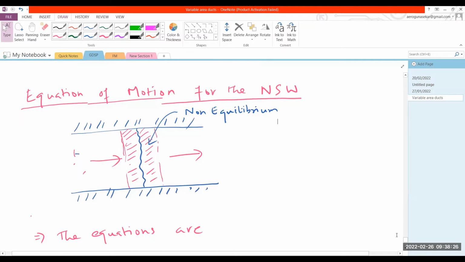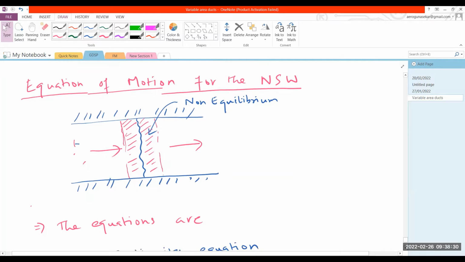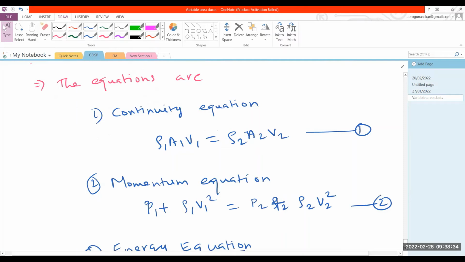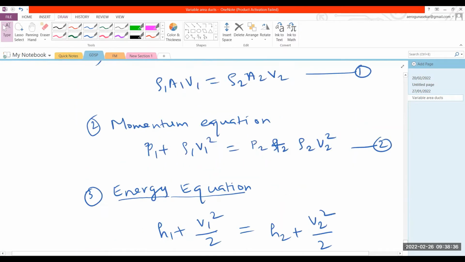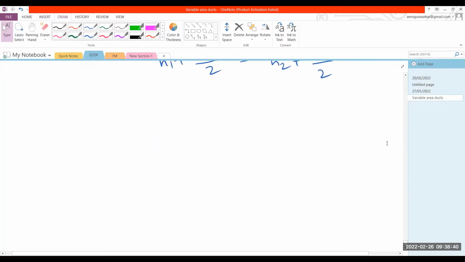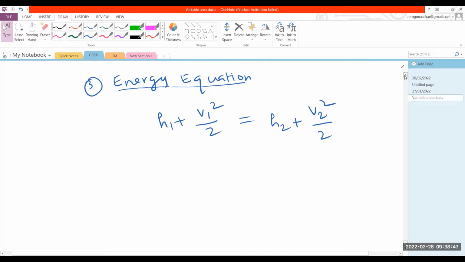There you can apply your equations of motion, and we can get the relationship for the normal shock wave. Since you have considered these three equations, how are we going to solve? That is the next question.